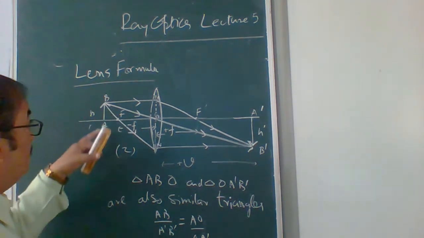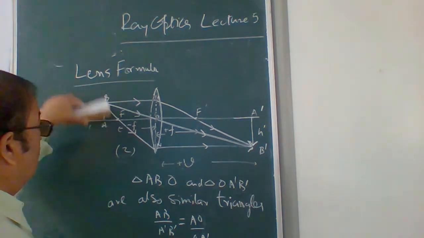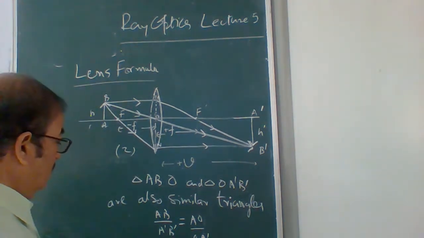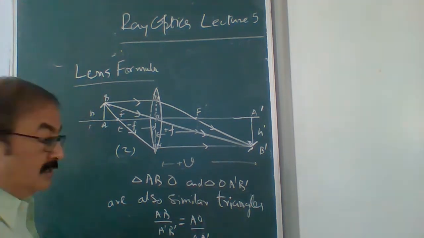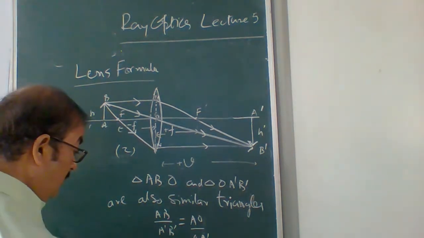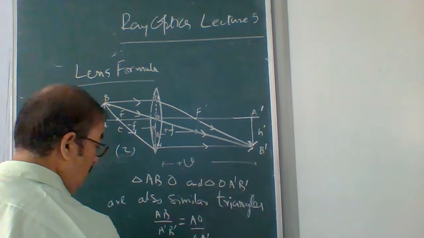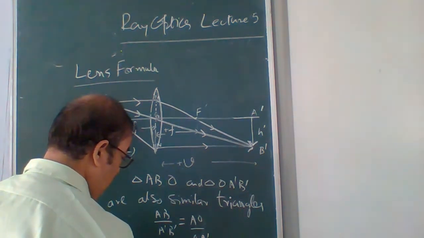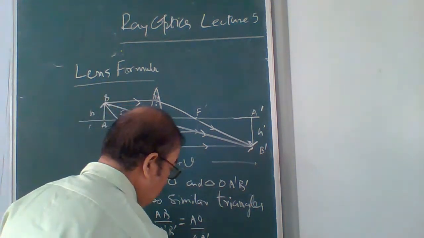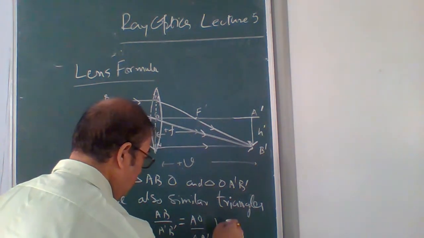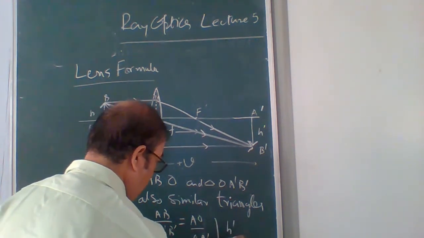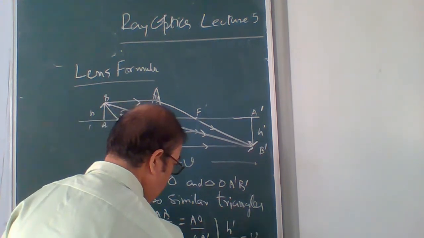According to sign convention, if AB is taken above the principal axis, it is positive, and below the principal axis it is negative. Here also u is negative and v is positive, so ultimately there is no change. We simply have h' upon h equals v upon u.